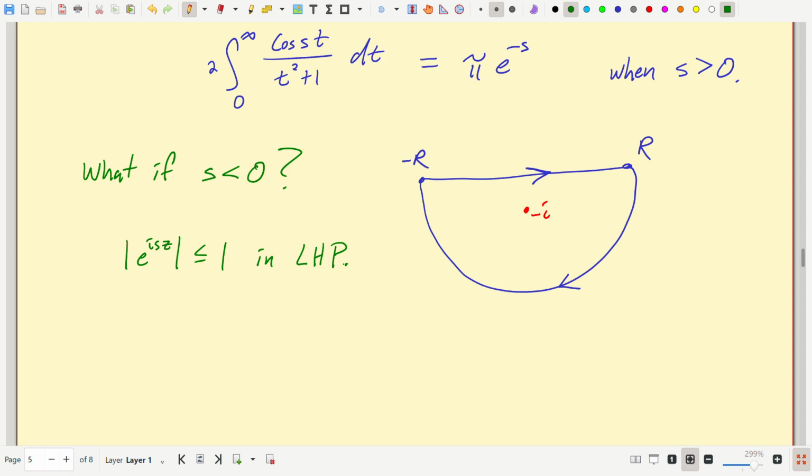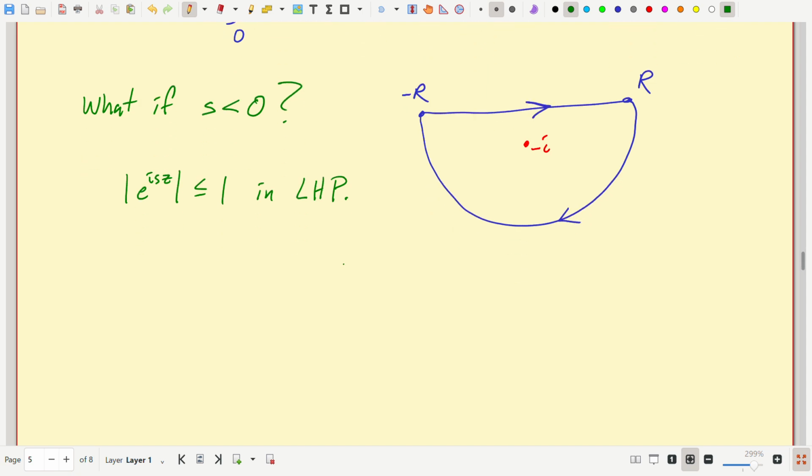But then that's a clockwise thing, so for the residue theorem I'd have to make sure that I'd have a minus 2 pi i times the residue at minus i of the f of z, because it's clockwise.